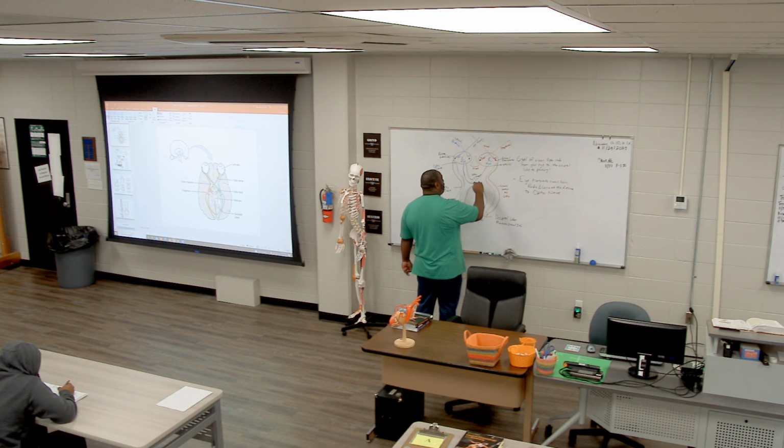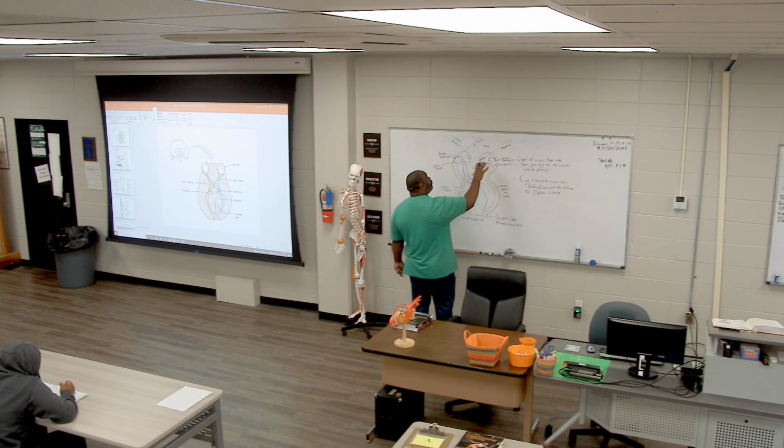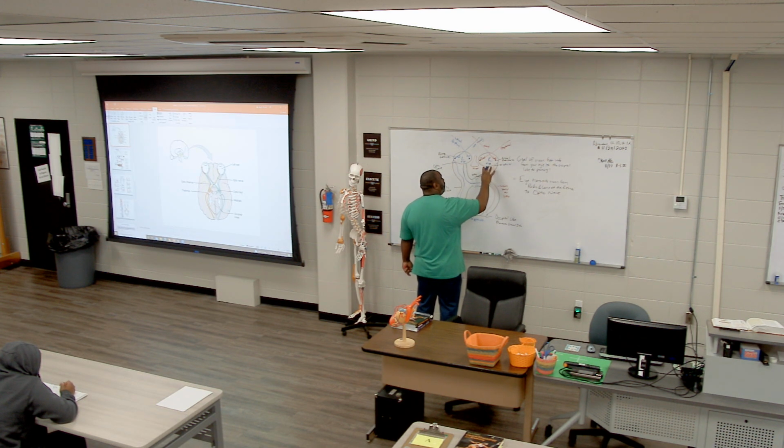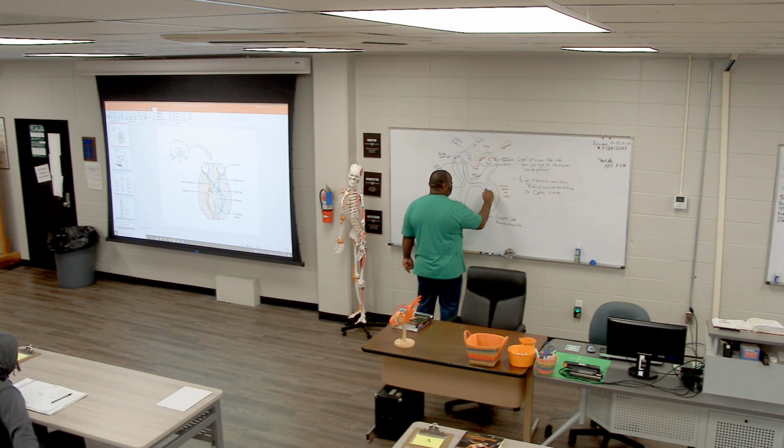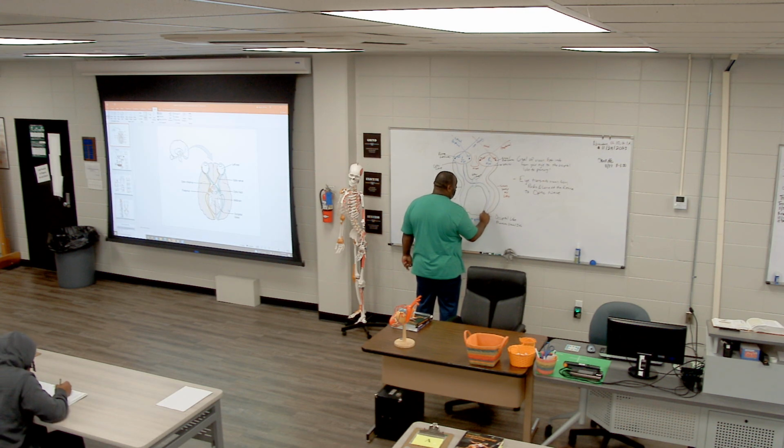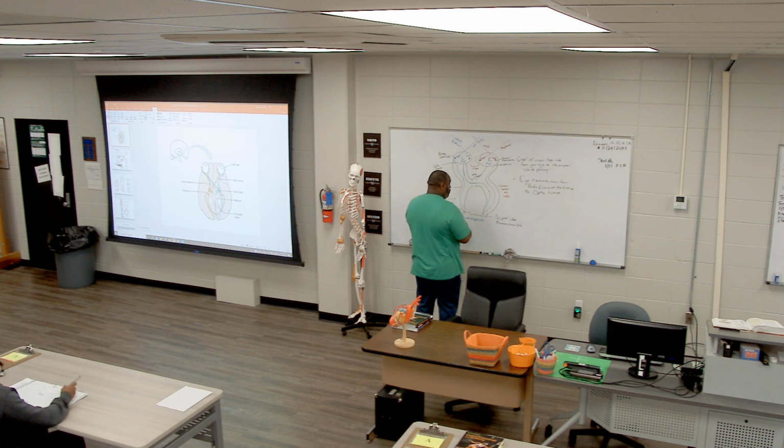Crosses to the other side. It's going to cross to the other side, join with the rods and cones from my right eye, which the lateral rods and cones of my right eye have already started traveling that way. They're going to join with it and then continue down towards the occipital lobe.